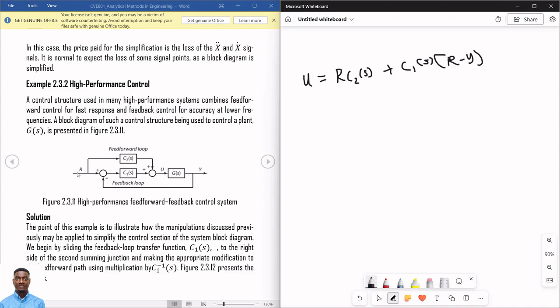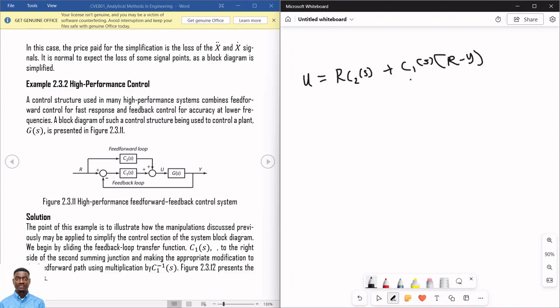U here is R C2S comes here. Y is being picked up from this line. So Y comes to this point. So R minus Y comes out here, runs into C1S and comes out here.